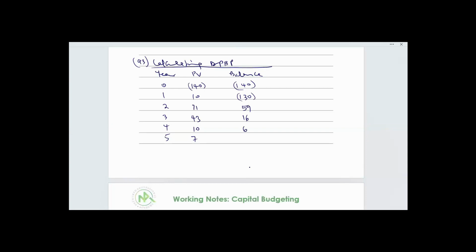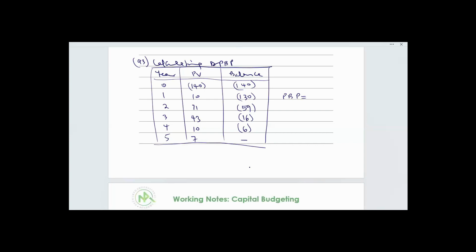When you get to a point where the outstanding balance is lower than the next cash inflow, then you put a dash. You can see 6 is lower than the next cash inflow of 7. Then you put a dash to calculate your payback period. So payback period equals how many years have I recovered?